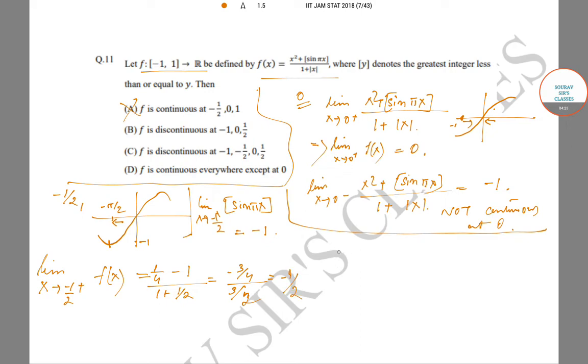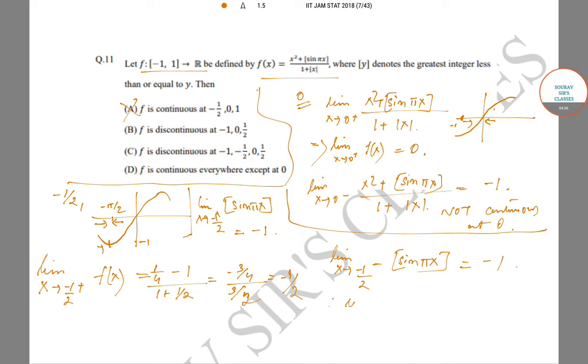And limit x going to minus half from the negative side, sine pi x. What is this? So I'm saying when x goes to minus half, pi x goes to minus pi by 2 from the negative side. So it approaches minus 1, but it is always less than 0. So this is also equal to minus 1.